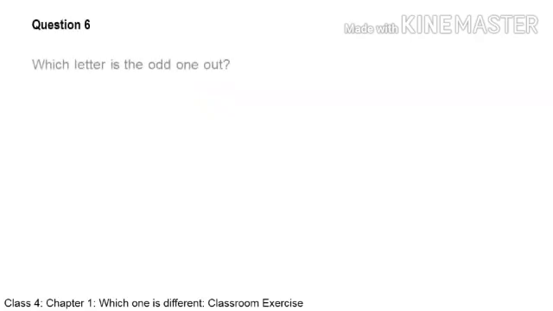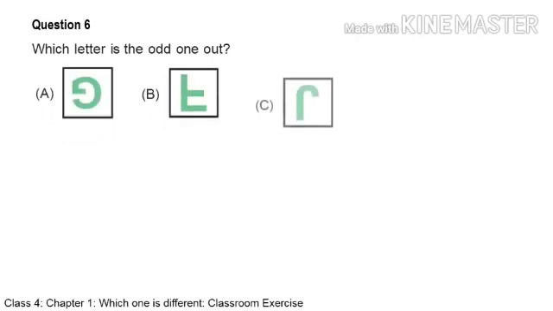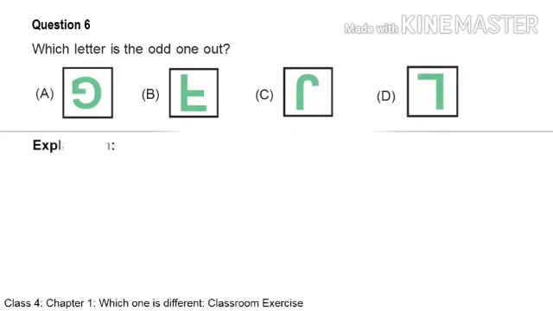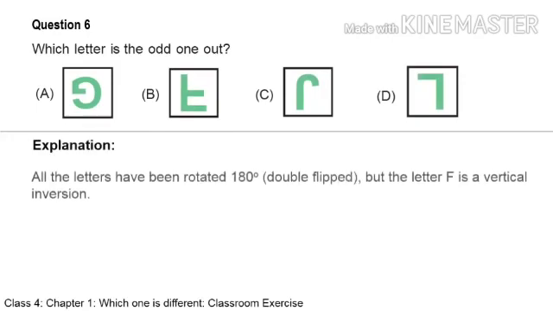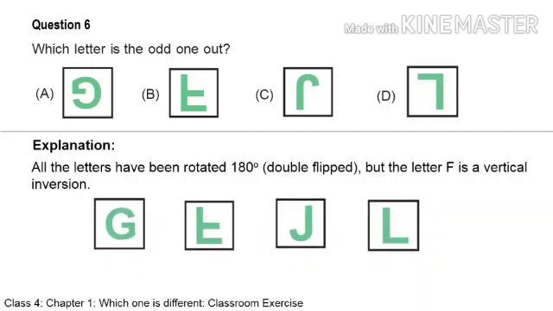In this question, which letter is the odd one out? Is it option A, B, C or D? All the letters have been rotated 180 degrees, but the letter F is a vertical inversion.